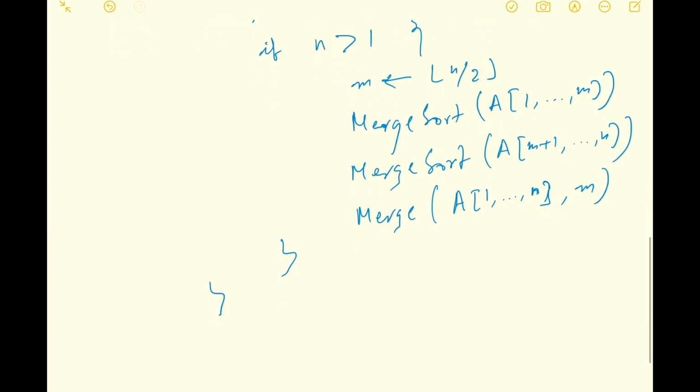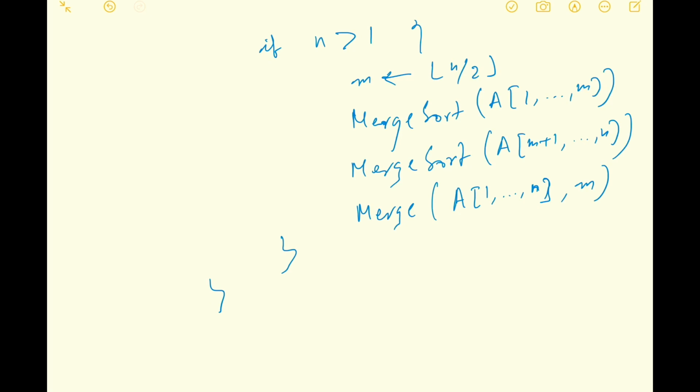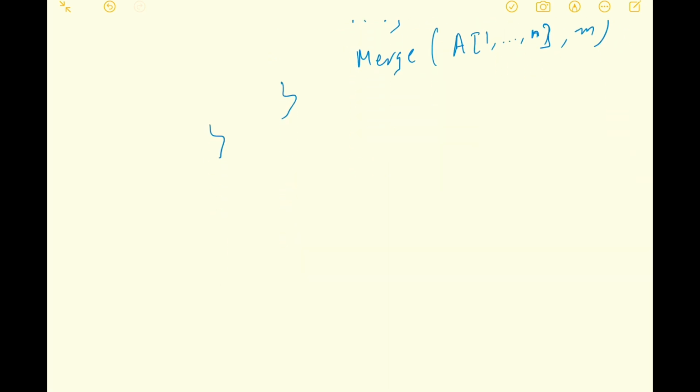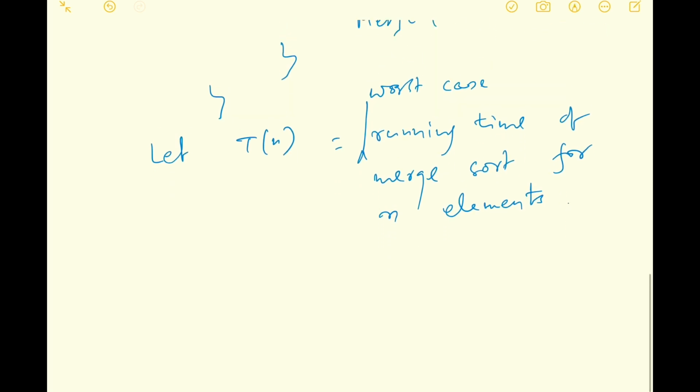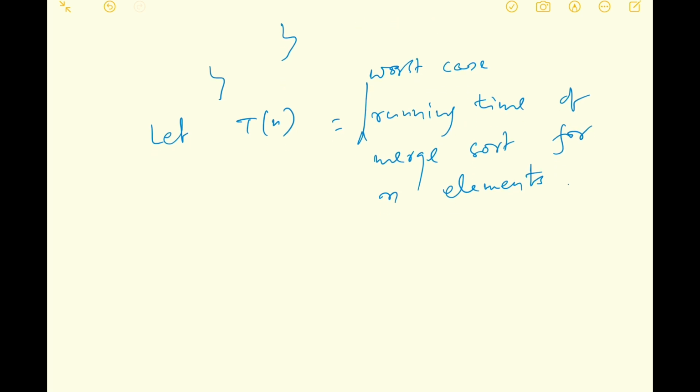Now we want to compute the running time of merge sort. Let Tn be the worst case running time of merge sort for n elements. Then what can we write?